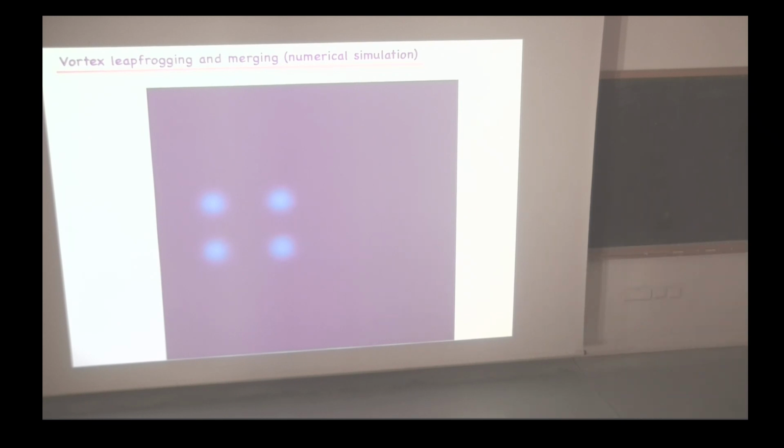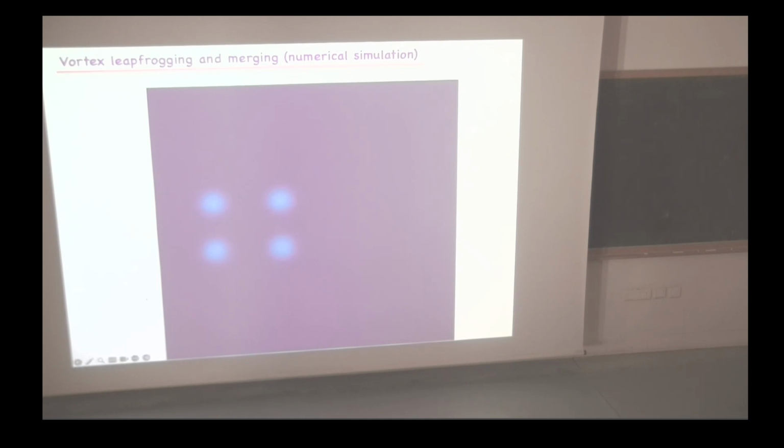Well, I start with very well-known movies. This is a simple simulation. As you see here, it is meant to be a leapfrogging of vortex rings. In actual fact, it is not really a leapfrogging, it is a merging that takes place.